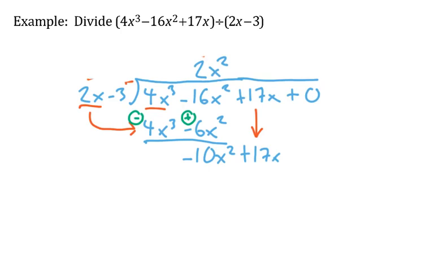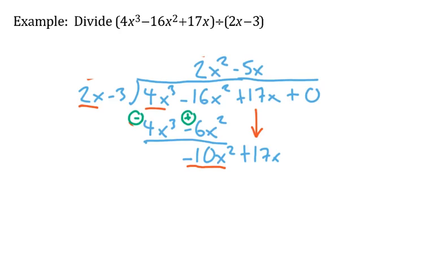We ask ourselves now, how many times does the 2x, the first term of the divisor, divide into negative 10x squared? What do you multiply by 2x to give you negative 10x squared? And I think you'll see that that answer would be negative 5x.